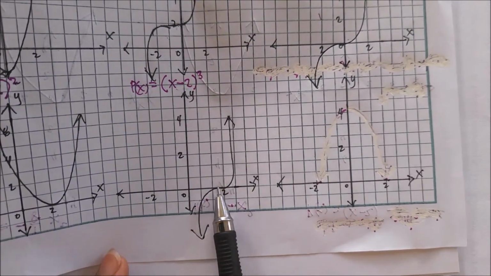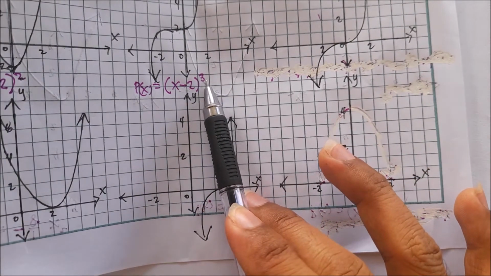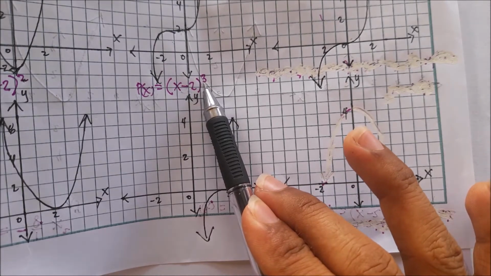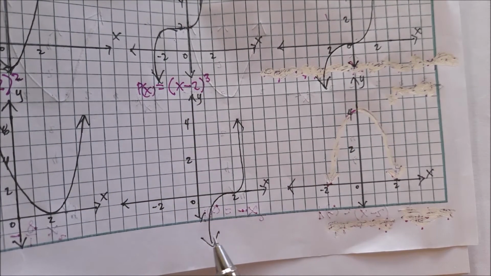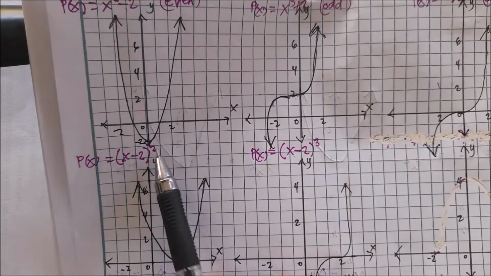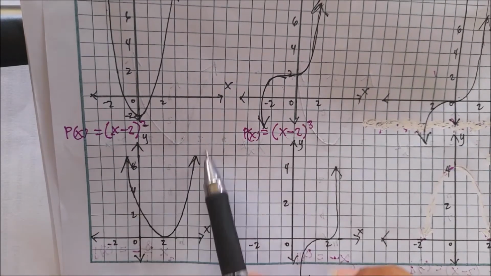It is located on the right. If you compute this one, h is greater than 0. Since it is an odd exponent, the form of the graph is like this. If even, the form is this one, which is upward.